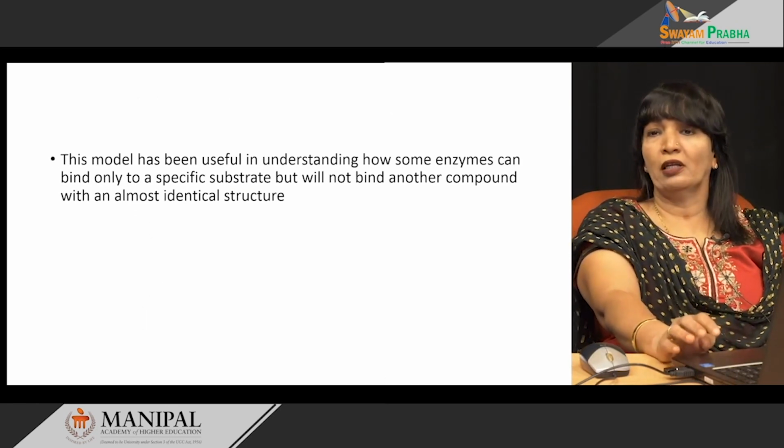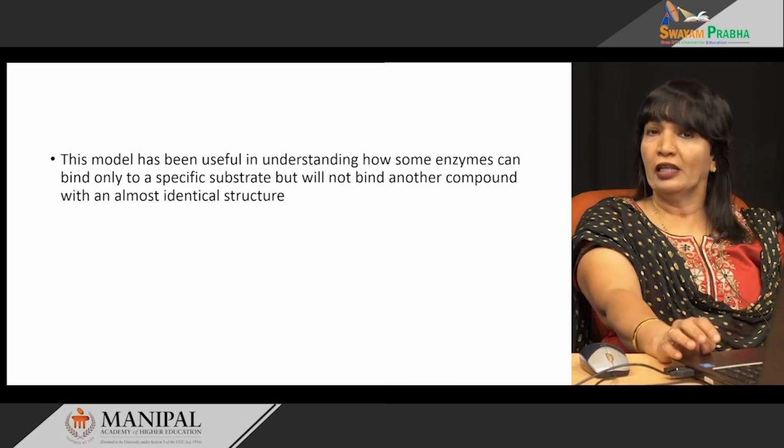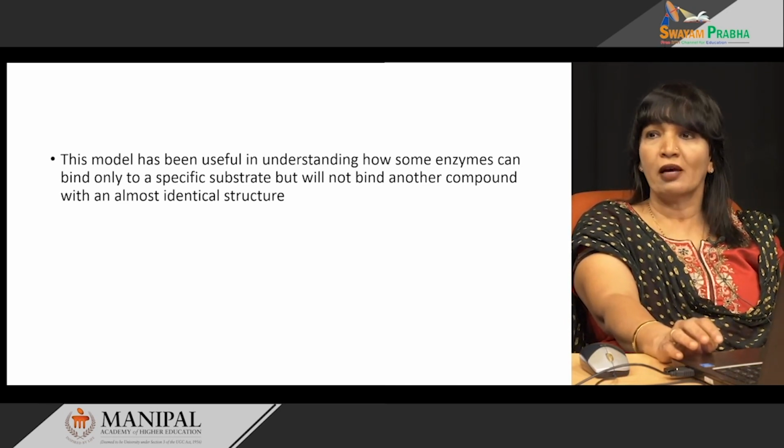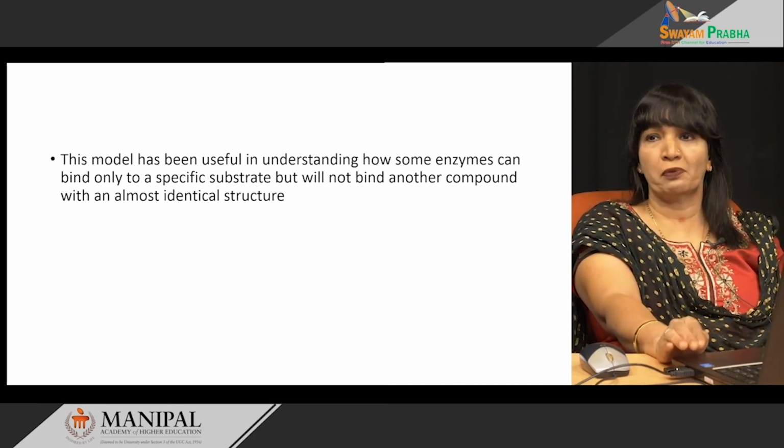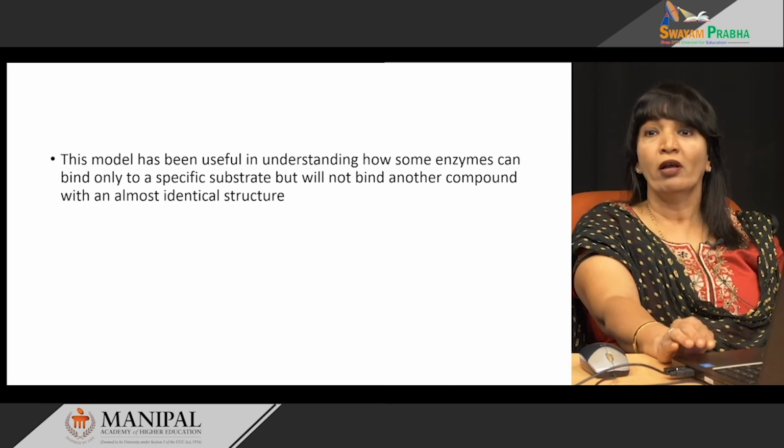So, this model has been useful in understanding how some enzymes can bind only to a specific substrate, but will not bind to any other compound with an almost identical structure. That is why it is very specific.